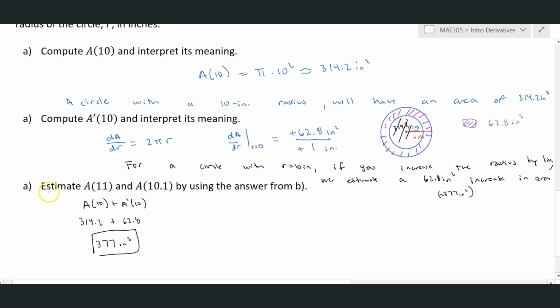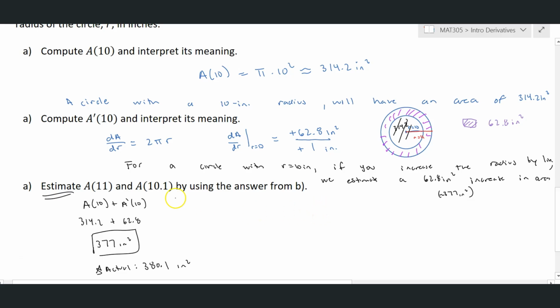So we're saying estimate, that's the key here. If you actually plugged in 11 and did pi times 11 squared, the actual area is 380.1, and you can see that this is based on the function, and we're not too far, but you can see that we are off, right?